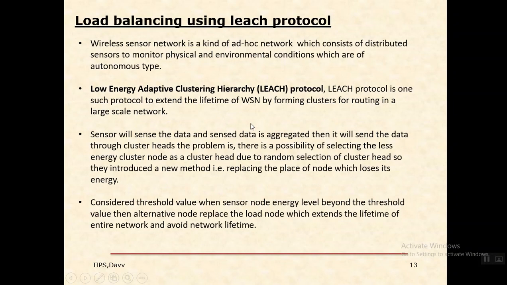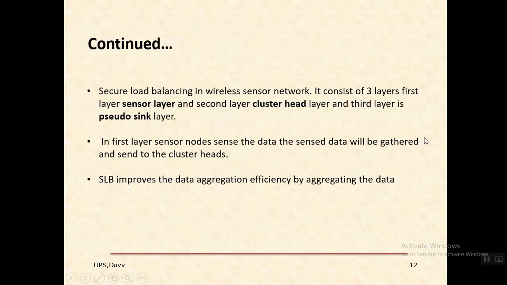Here the data rate is taken into consideration. According to the data rate, if the data rate is lesser than the threshold value, then the data is directly sent to the pseudo-sink layer.